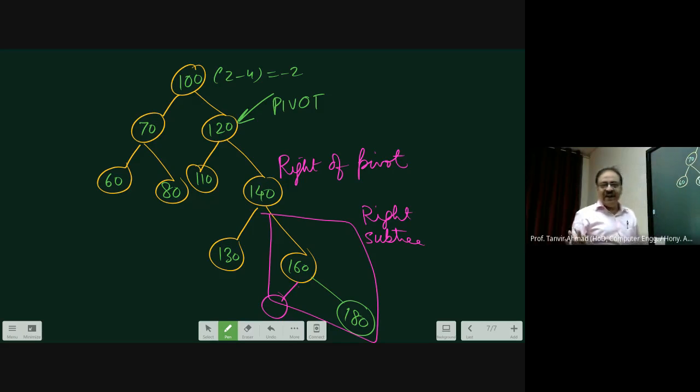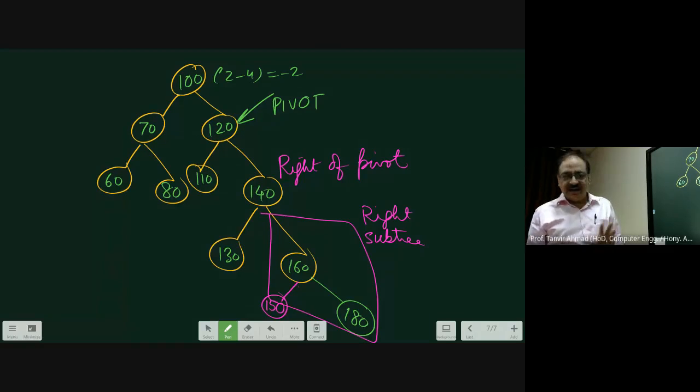Now let us take an example. Suppose here I would have inserted 150. Now try to understand it very well. Instead of inserting 180, I am inserting 150. Now, what type of rotation is it?